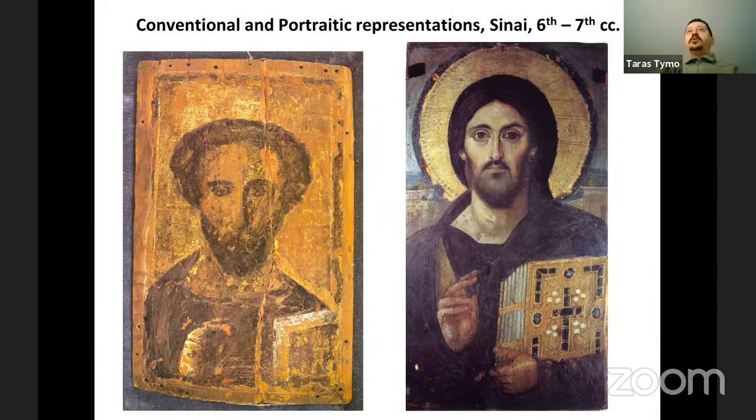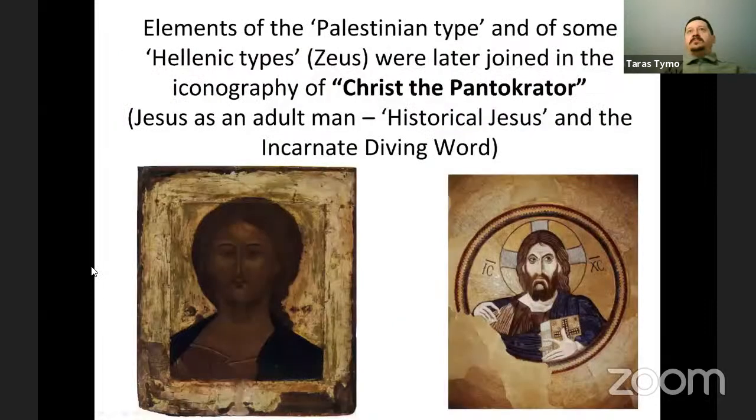It's a very interesting problem, but allow me, since we have already come to this picture of Pantocrator, allow me to represent the main features of the Pantocrator. So here, this Palestinian type of the representation and some Hellenic features like iconography of Zeus or iconography of emperor influenced still another representation called Christ the Pantocrator.